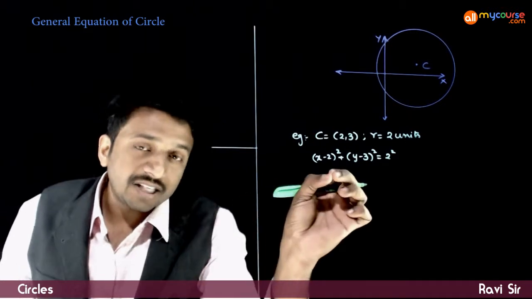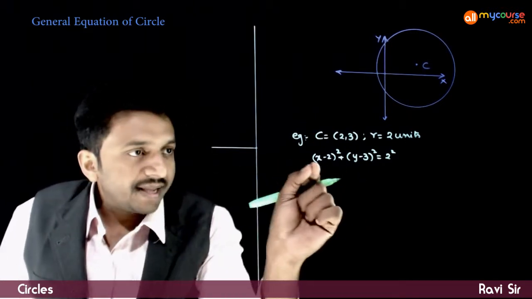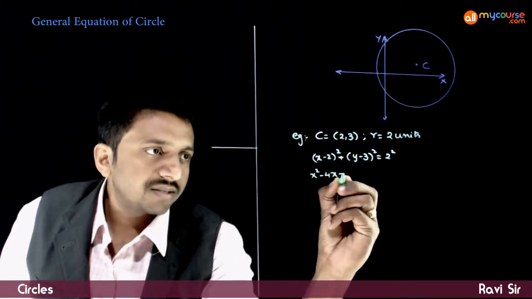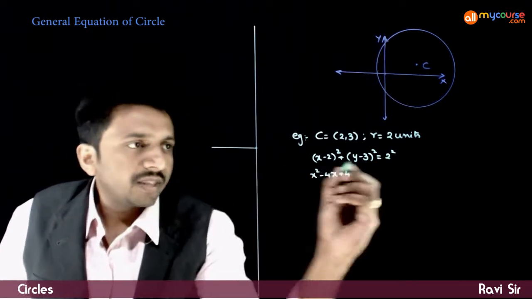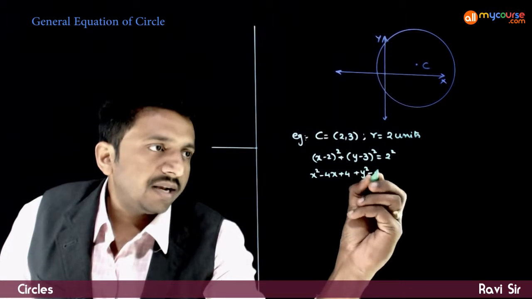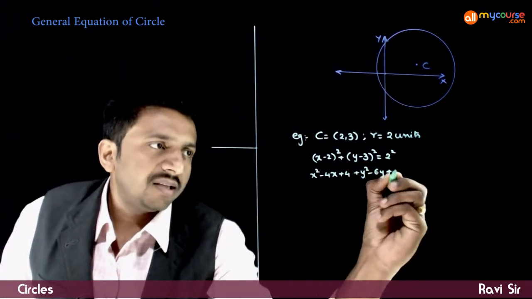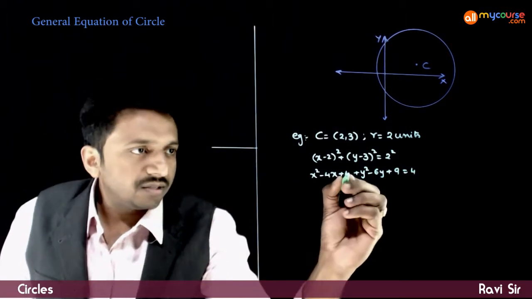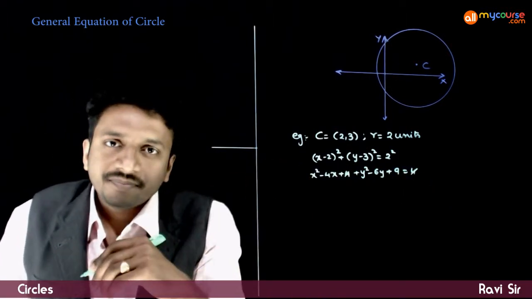Now, if you expand these terms, (x - 2)² is x² - 4x + 4, plus y² - 6y + 9 is equal to 4. This 4 and this 4 get cancelled.